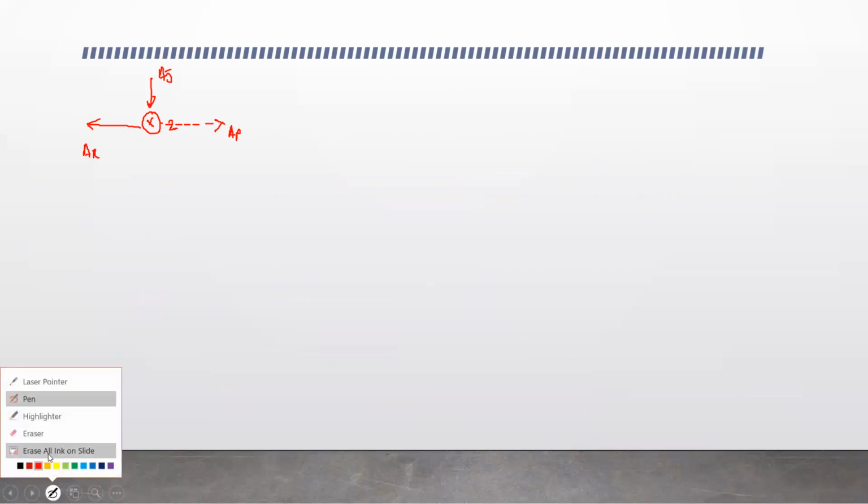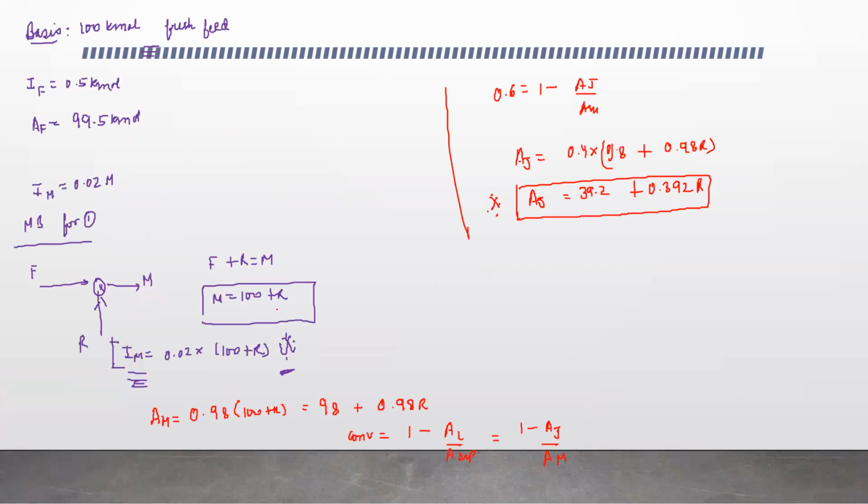Out of this, A is going out for getting recycled and A is going out for the purge stream. But let's not get into this for now. We have found A left. We'll keep this in mind.